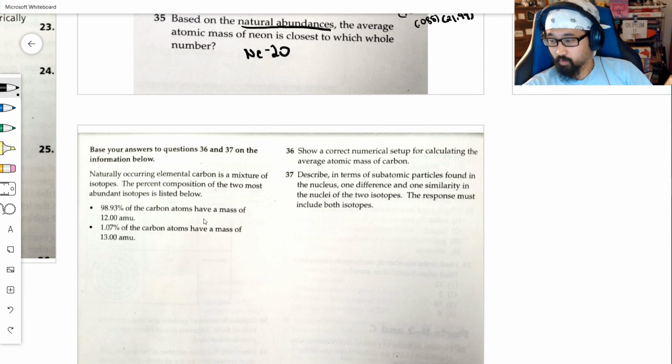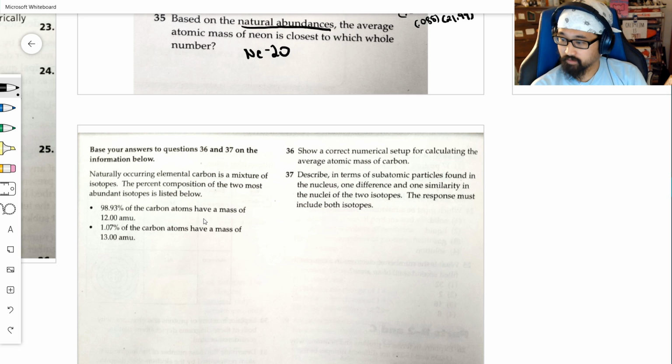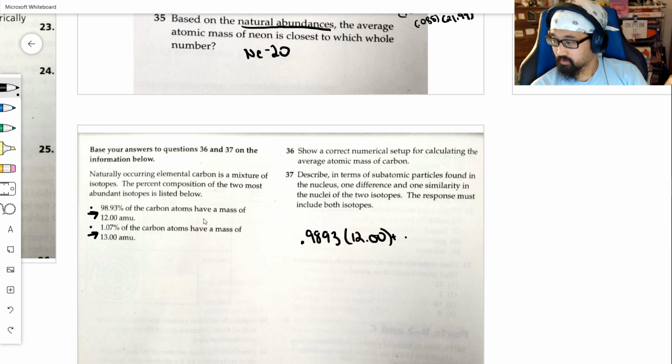36 and 37, more of the same. We have one piece of information, we have a second piece of information, so 0.9893 times 12 plus 0.0107 times 13. There's the setup. In terms of subatomic particles in the nucleus, difference and similarity, and include both isotopes.